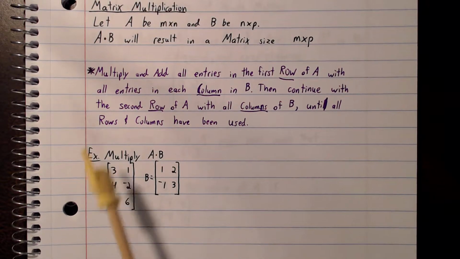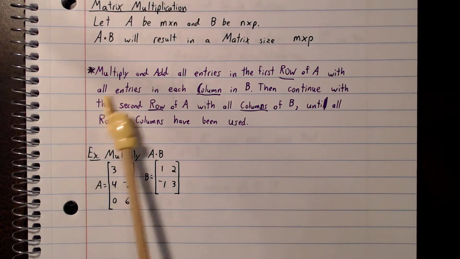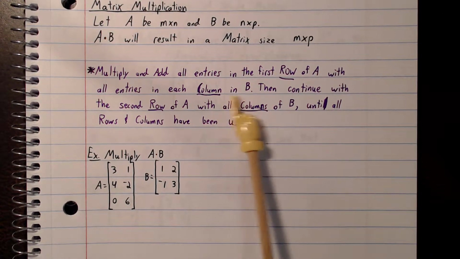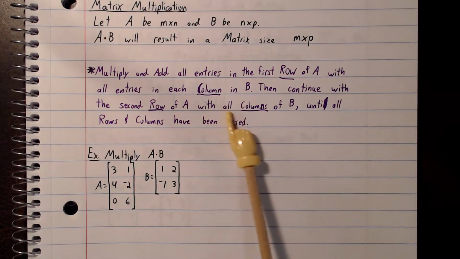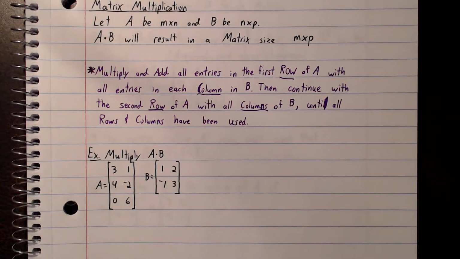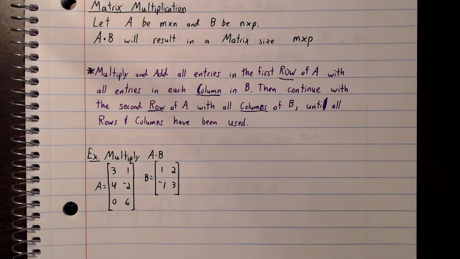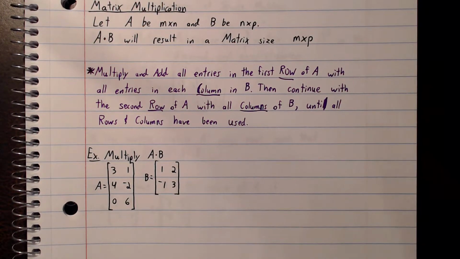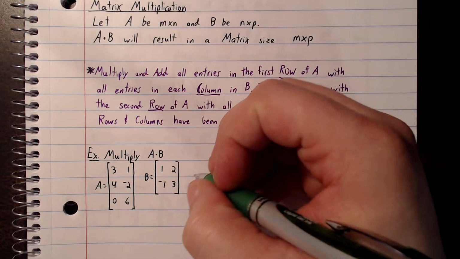If we multiply and add all entries in the first row of A with all the entries in each column of B, and then we're going to continue with the second row of A with all the columns of B until all rows and columns have been used up. Okay, it's not the easiest to explain written down, which is why I'm not having you rewrite it. It's really a process that you've got to see done. Okay, here's what happens.